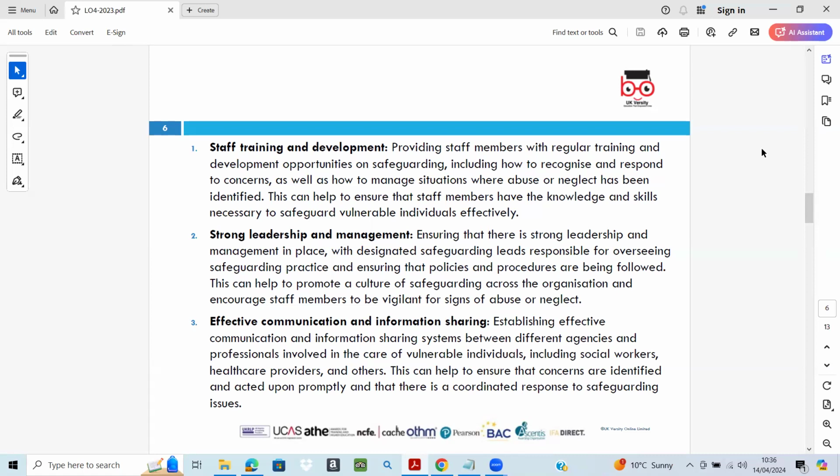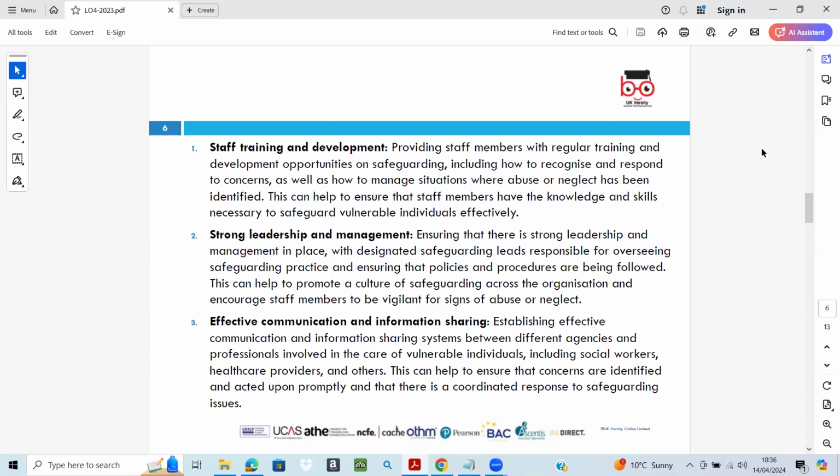Why is this integration crucial for effective safeguarding? Effective communication ensures that all relevant parties are informed and can collaborate effectively. This helps in creating a more comprehensive approach to each case, preventing gaps in care and ensuring a timely response to safeguarding issues.